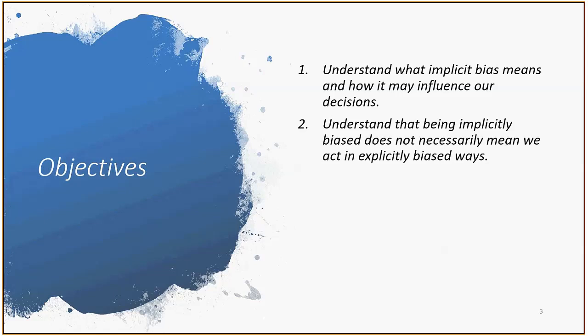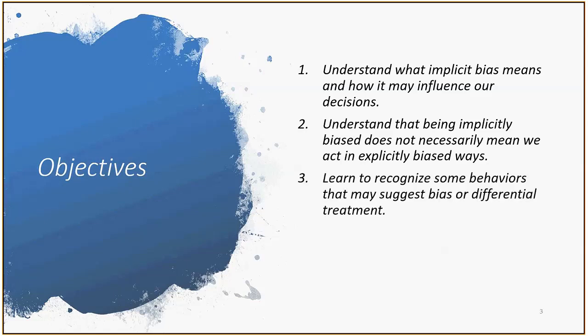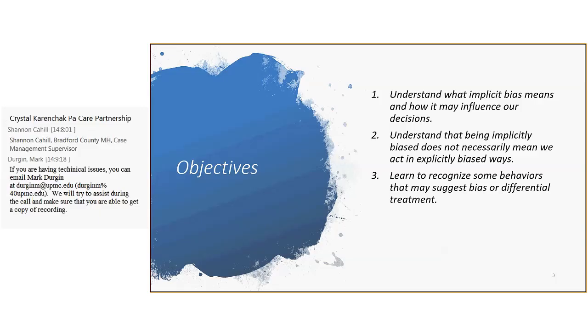And then we also want to try and understand that being implicitly biased does not necessarily mean we act in explicitly biased ways. And then we also want to try and learn to recognize some of the behaviors that may suggest bias or differential treatment within system of care. And we want to be able to learn some techniques that help us de-bias perceptions and improve our overall interactions within systems of care.